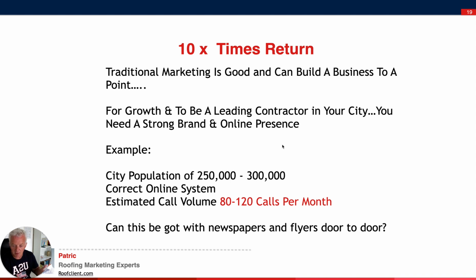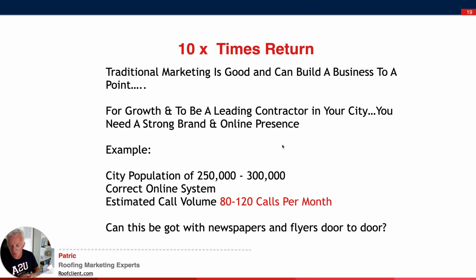For example, a city population of about 250 to 300,000. With the correct online system, you can be generating anywhere between 80 and 120 calls a month, again, depending on the time of the year. But those would be fairly conservative numbers. When you start, you won't get those calls. But we have roofing contractors all the time that generate those numbers.